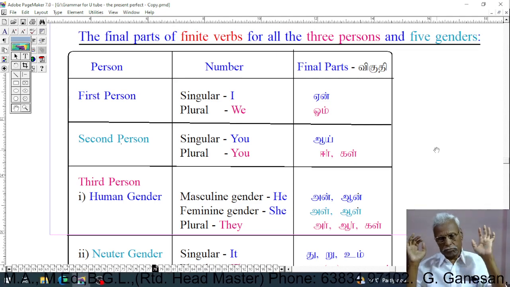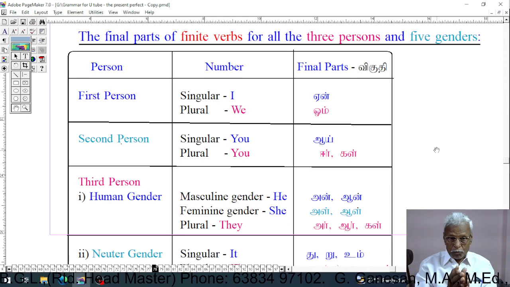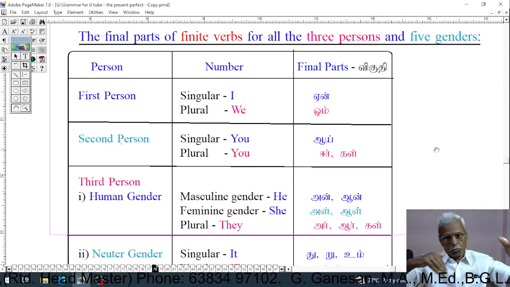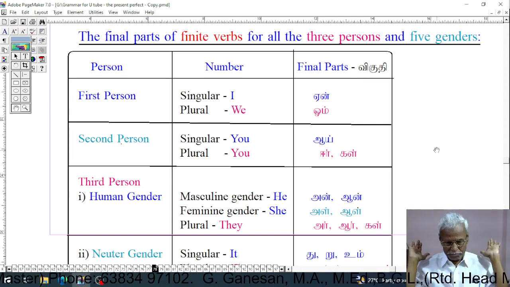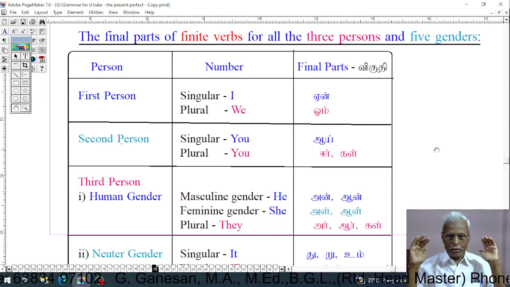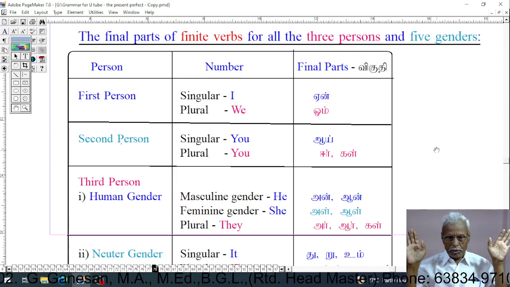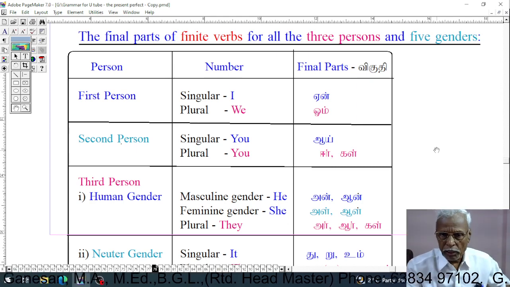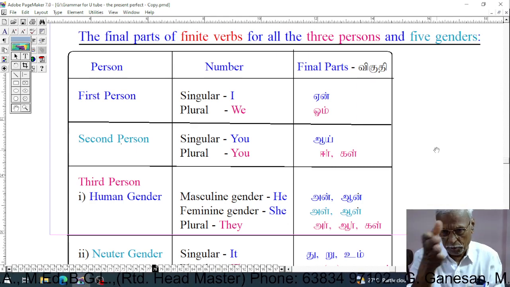In English, you came, you come, you will come. Both for singular and plural, the verbs are the same. In Tamil, for singular ஆய், for plural ஈர் or கள், the final part.